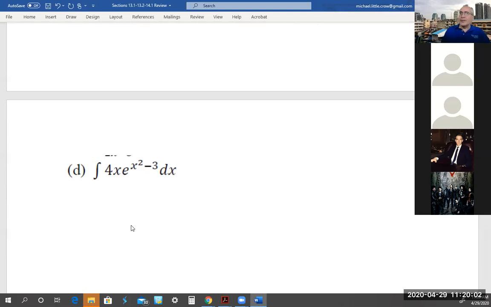So you see this 4x in the front is sort of like a derivative from the chain rule of what's up here. When we have an exponential, we let the exponent part be our u. Then we take the derivative of both sides, so we get du equals 2x dx.